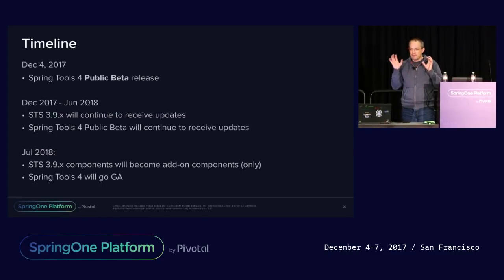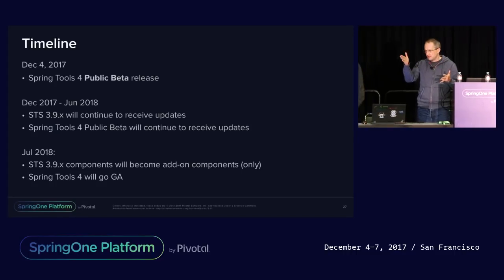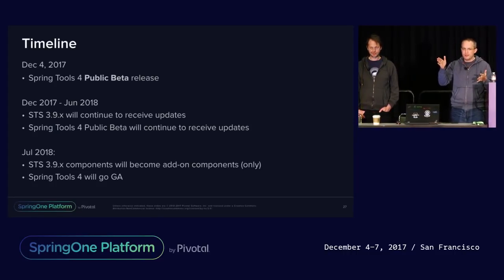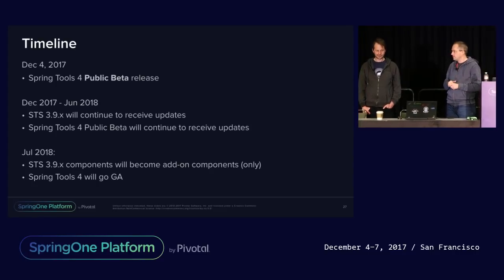That's still the main IDE that we ship, and that will continue for some time. So the public beta period will continue for roughly half a year, until mid of next year. That's roughly scheduled around the next big Eclipse release in the mid of next year, the Eclipse Photon release.